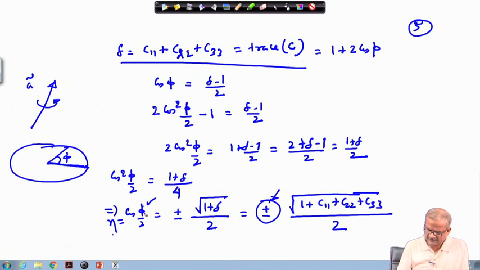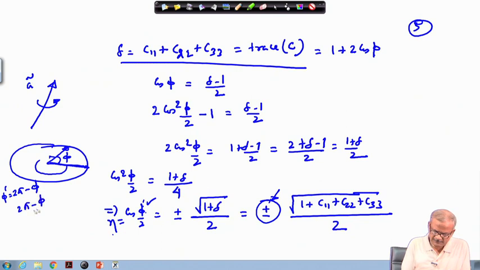This position can be achieved from here by giving a rotation of 2 pi minus phi. If I write this as phi prime, then phi prime equals 2 pi minus phi.